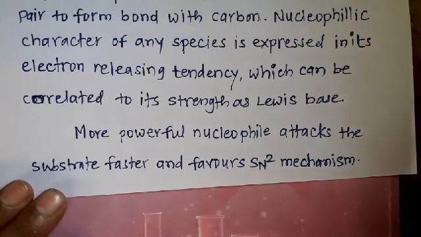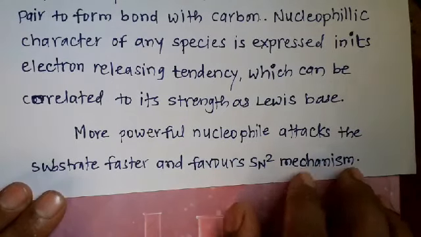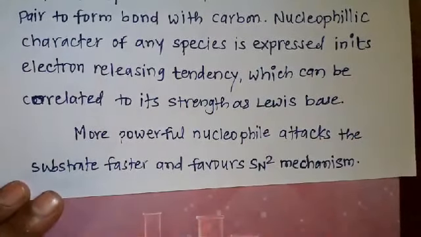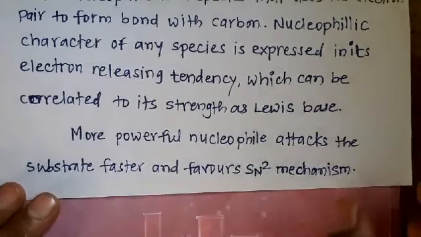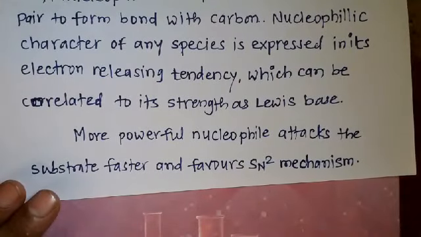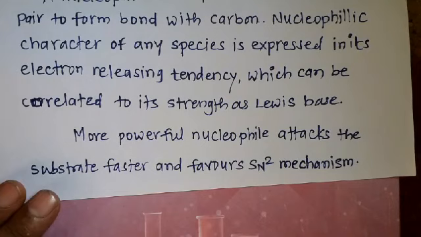We know that the rate of the SN1 mechanism is independent of the nature of the nucleophile, because in the first step, which is the slow and rate determining step, there is no influence of the nucleophile on the rate of reaction. The actual use of the nucleophile takes place in the second step, which is the faster step.